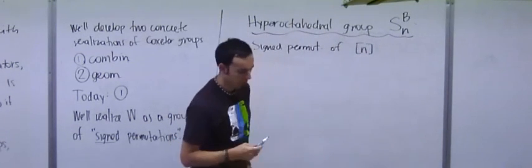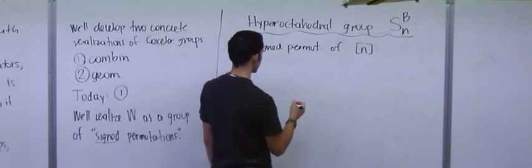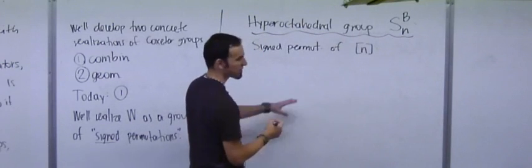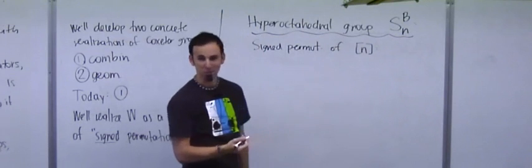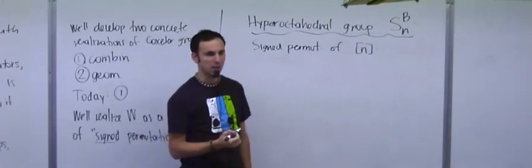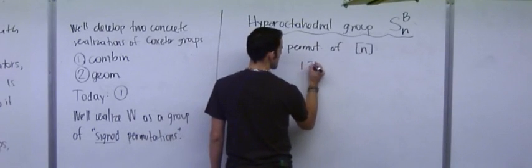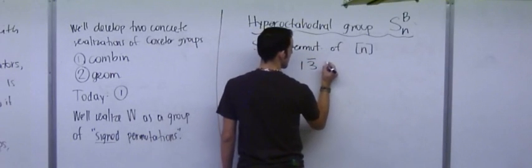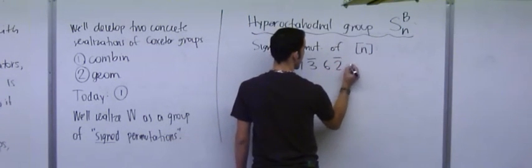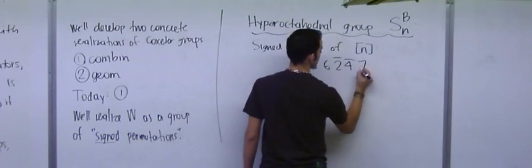Well, I think it's clearest in an example. So here's a signed permutation of 7: 1, 3 bar, 6, 2 bar, 4 bar, 7, 5.